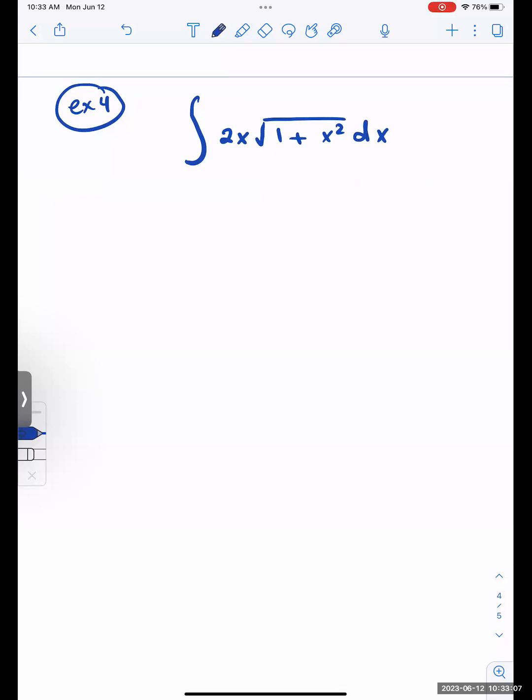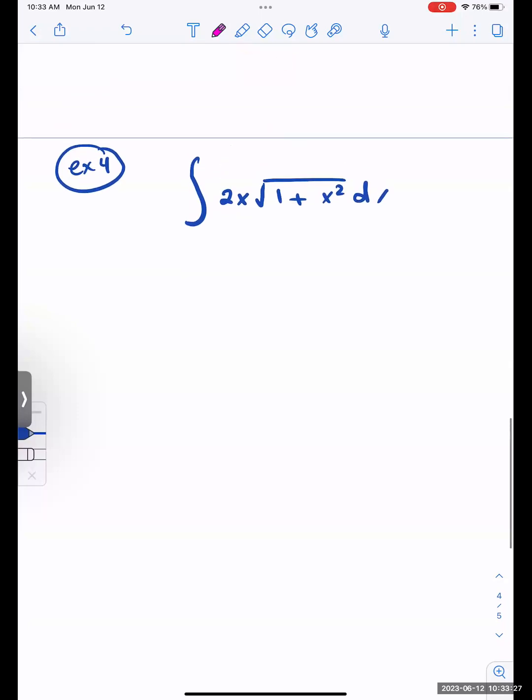Okay, now with U sub. So do you see that you have 1 plus x squared on the radical, 2x outside, and dx. So all you know for one of the rules of integral is that if you have x to power n, dx is x to n plus 1 over n plus 1, and then plus a constant c.